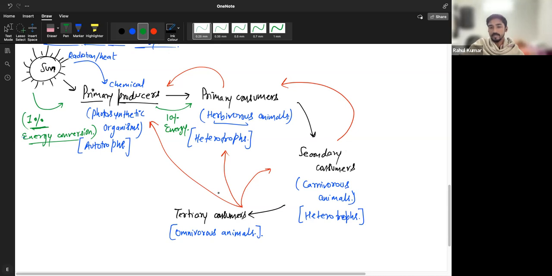A tertiary consumer can also directly feed on primary producers and get 100 joules. Sorry, here it will get 1,000, 100, 10, 1. It can get directly 100 or 10, or if it eats the secondary consumer, it will get only 1%.